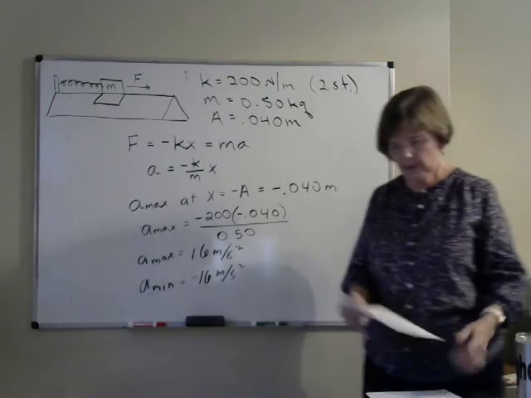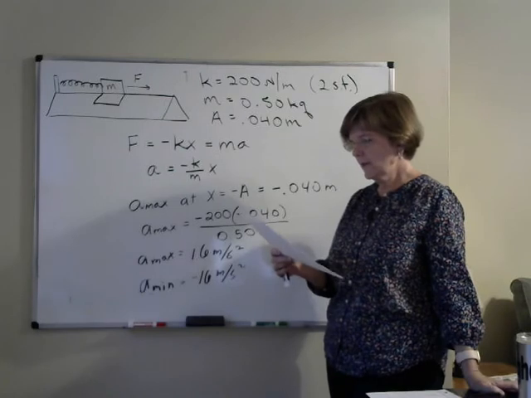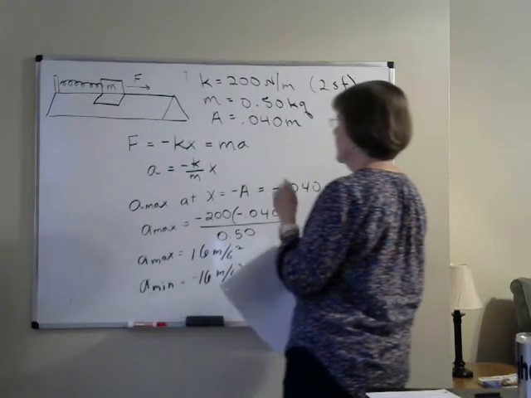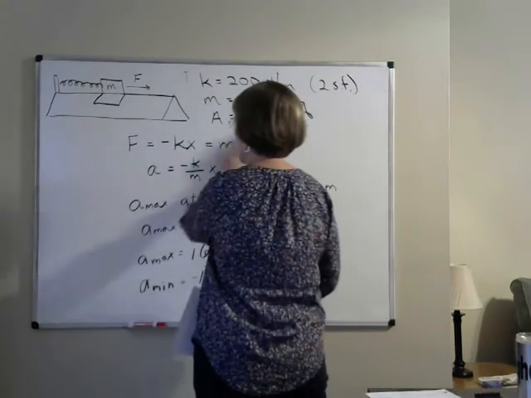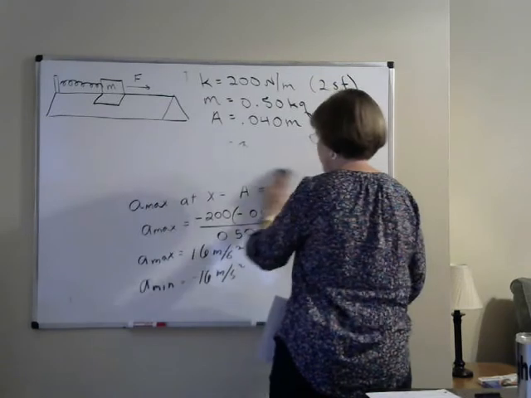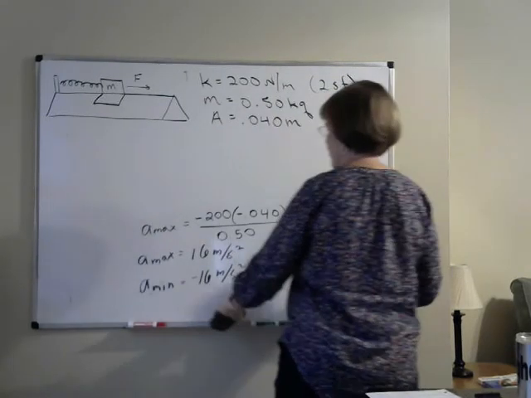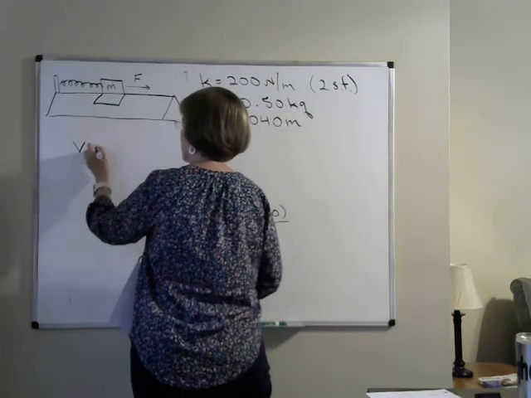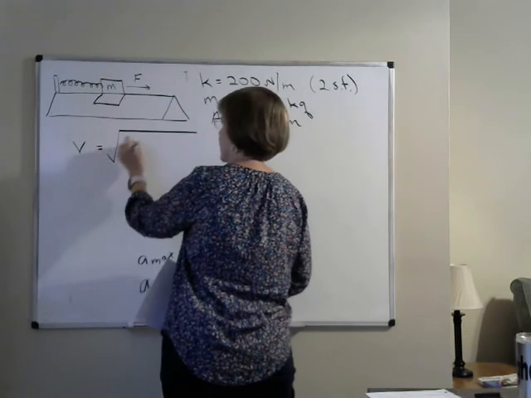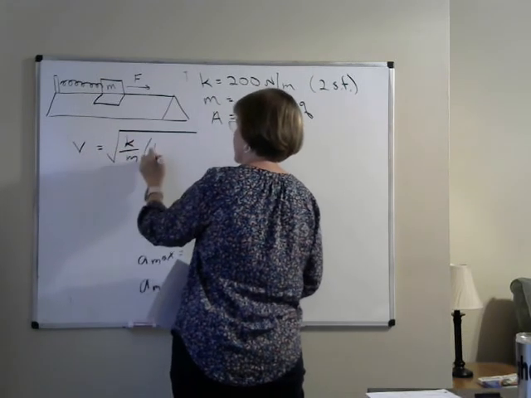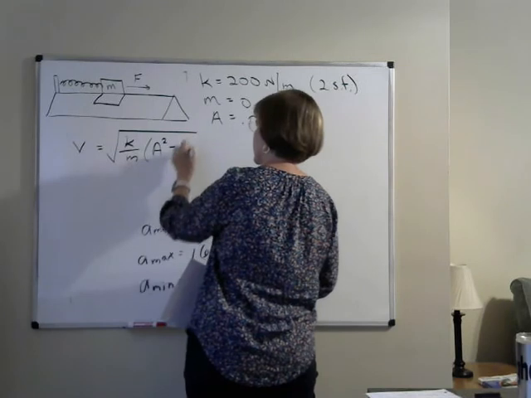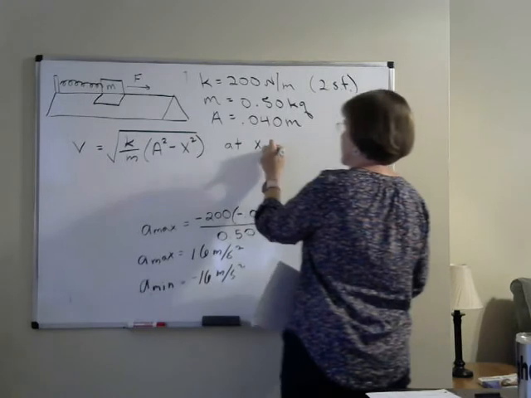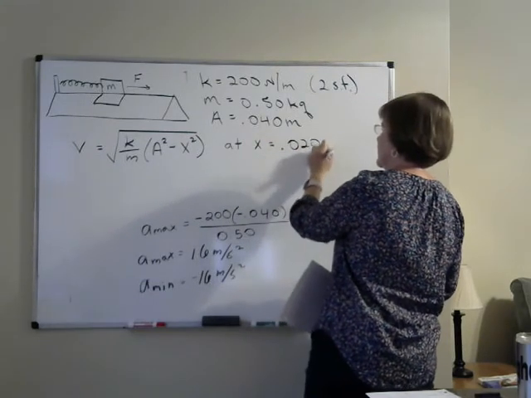The third part wants to know the velocity and the acceleration at the halfway point, halfway between equilibrium. So we want to find the velocity and the acceleration at 0.020 meters. I'm not going to rework this time. So they want to know the velocity at x equals 0.020 meters.